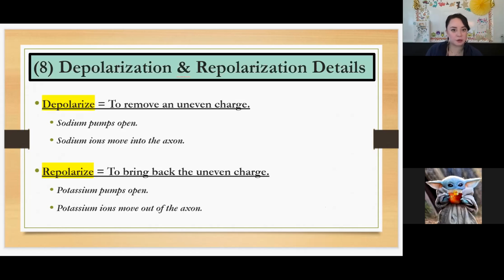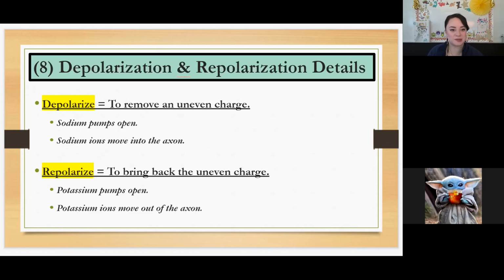So after the neurotransmitter has stuck to the dendrites, now we move on to depolarization and repolarization. Depolarization and repolarization is really the bulk of the events that happen in a nerve impulse, and it happens over and over again down the length of the axon of the neuron. When we depolarize something, we are removing the uneven charge, or the imbalance of the charged particles.